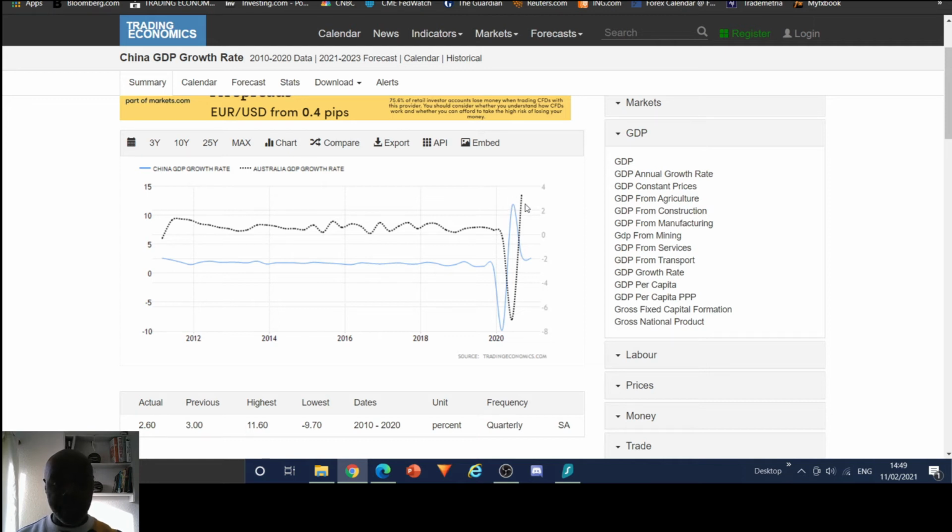Now, we could be expecting some downside in GDP for Australia because of what's happened here with China. However, this huge swing is somewhat distorted, because this is all COVID related, and the Chinese economy is probably the one that's recovered better than anyone.